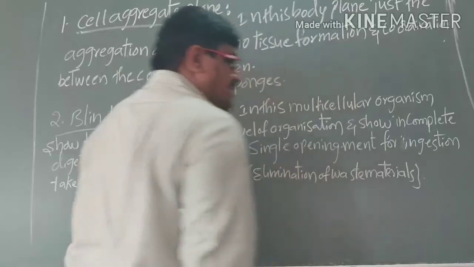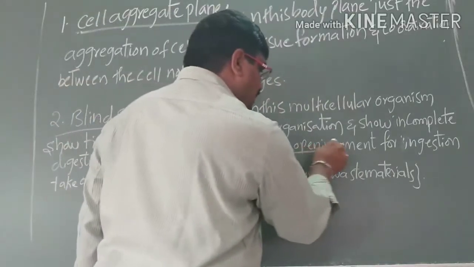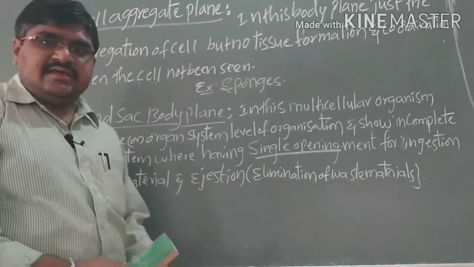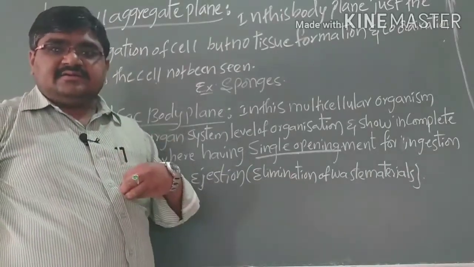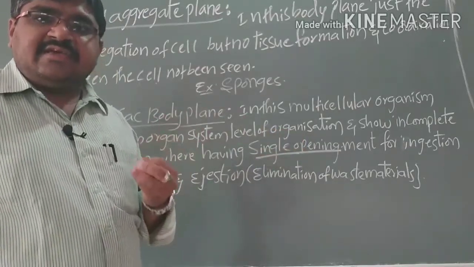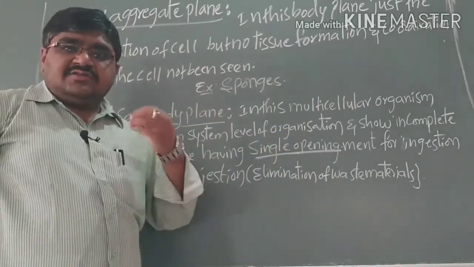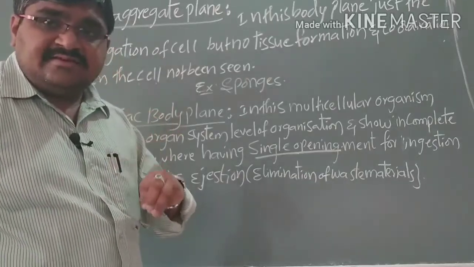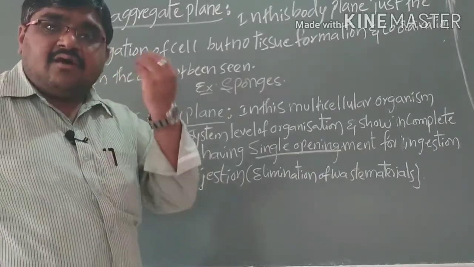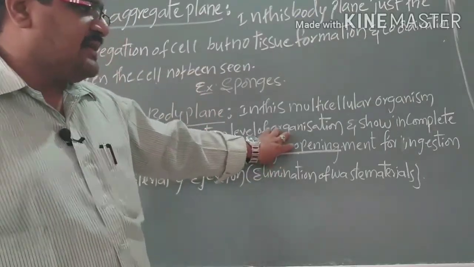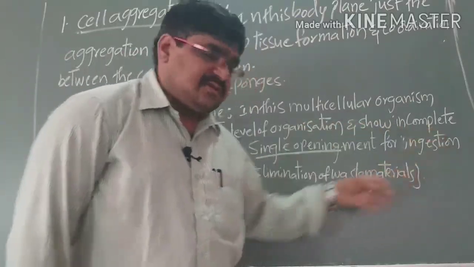So through the single opening only, the taking of food materials takes place, and only one opening is present. This opening acts both for taking in and for leaving of food materials, that is ingestion as well as egestion.